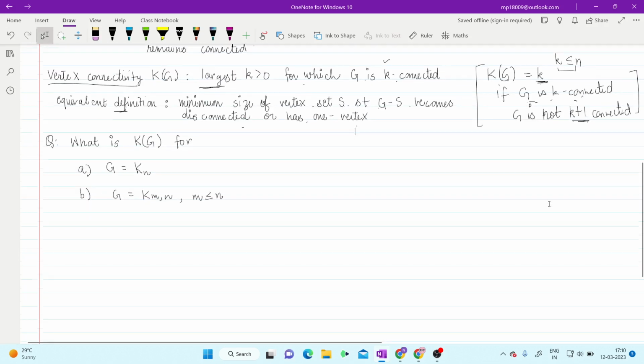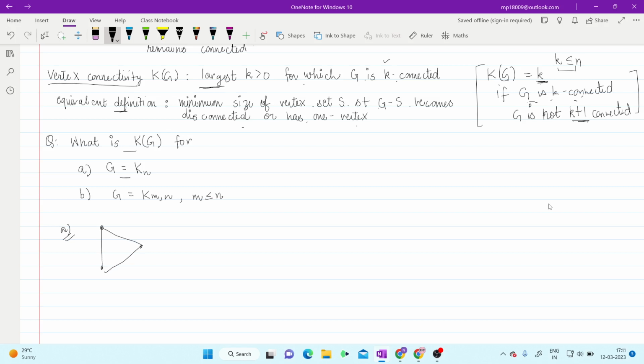So first of all, let's find out vertex connectivity for some simple graphs. The first example is the complete graph on n vertices. Suppose we consider K3.